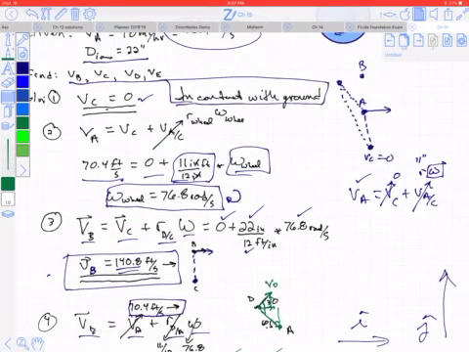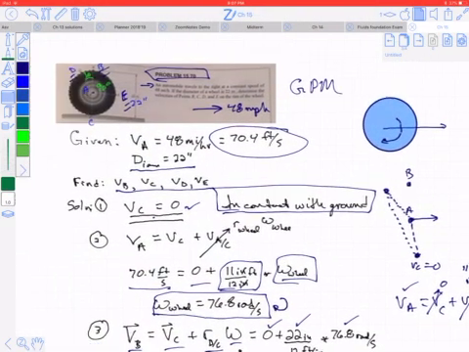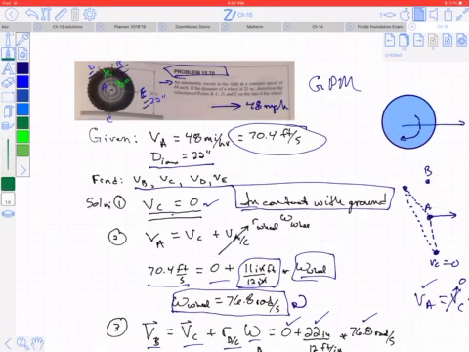VE. Let's see. Where is E? It's out here. Where should we go from? We could go from C. That wouldn't be that hard. But I think I'll choose to go from A, because that's just straight across.